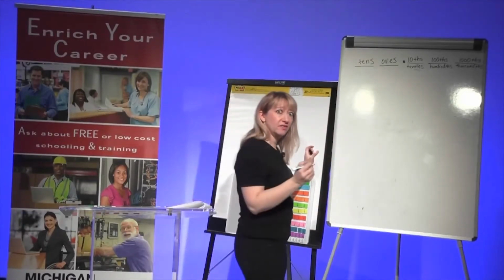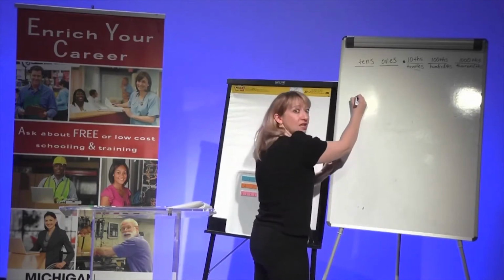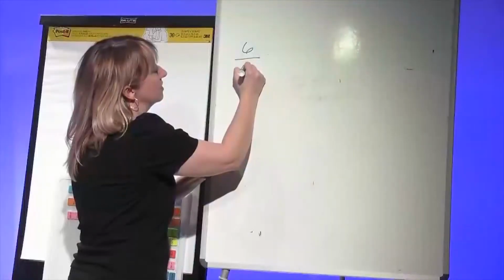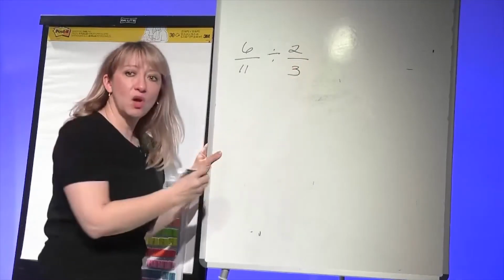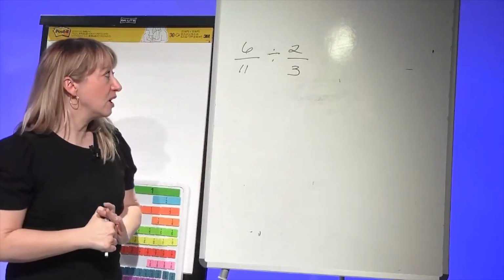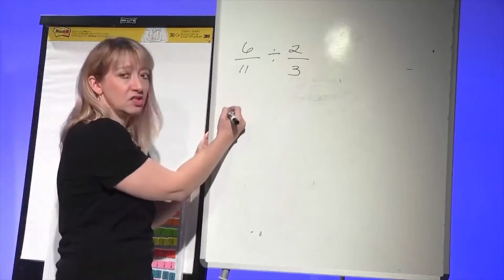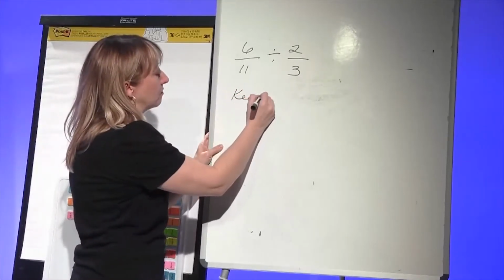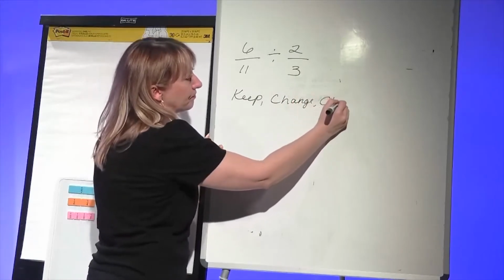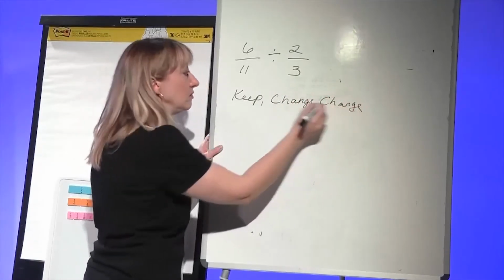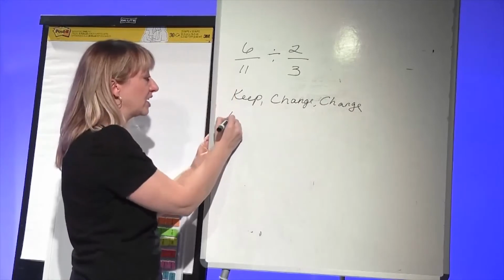If we have 6 over 11 divided by 2/3. So the steps I think about are keep, change, change. And you'll see that on that slide, keep, change, change. This might help you. What that means is you're going to keep this first fraction the same.